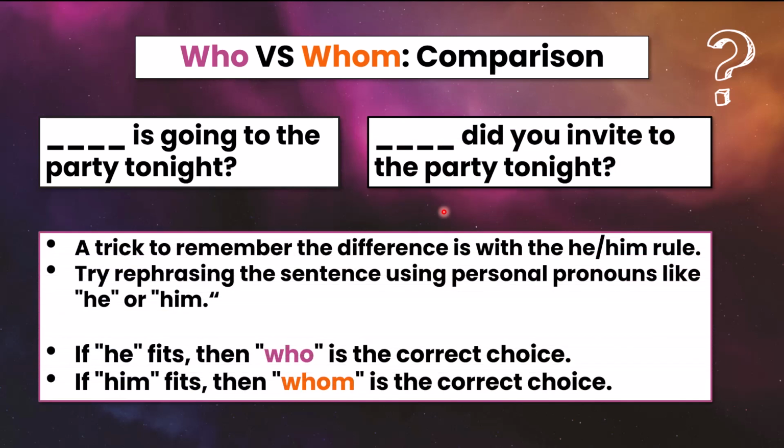A trick to remember the difference is with the he, him, or she, her rule. Try rephrasing the sentence using personal pronouns like he or him. If he fits, then who is the correct choice? If him fits, then whom is the correct choice?